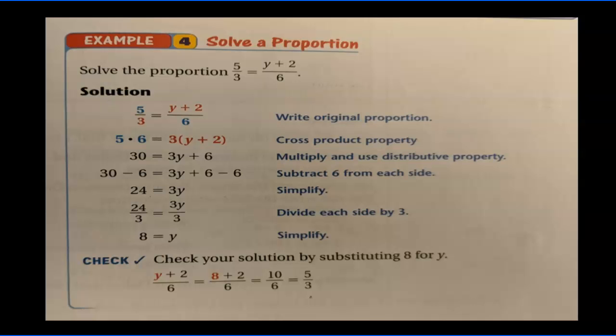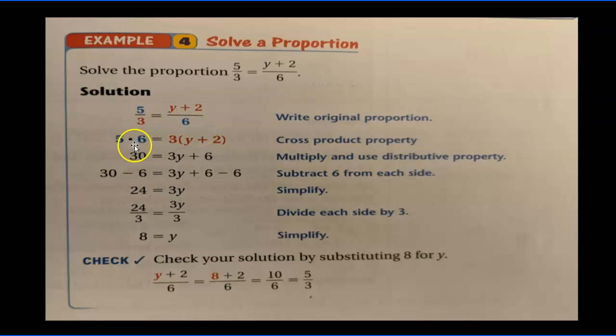All right, so let's look at this. We have 5 over 3, and we know it equals y plus 2 over 6. And we saw things like this in algebra, didn't we? So we set them equal to each other. They've already done that for us, and we're just going to multiply together the color-coded numbers.